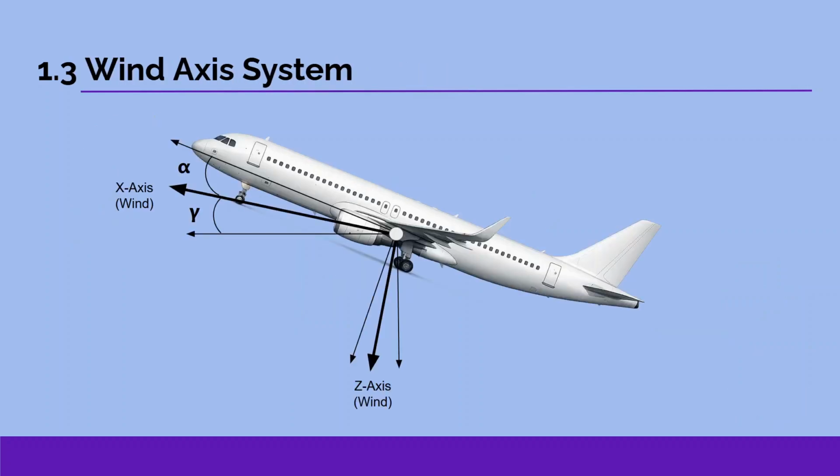The wind axis system is also attached to the CG of the aircraft, but its x-axis is coincident with the velocity vector of the aircraft. So essentially, it is tracking the trajectory or flight path of the aircraft. So if you're dealing with a book that is describing the 6 DOF, the wind axis system is often used to account for the angle of attack alpha and the sideslip angle beta.